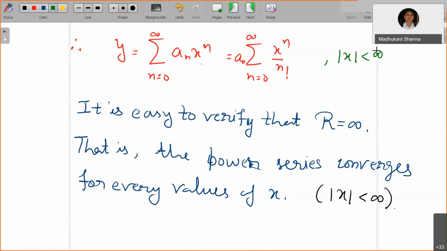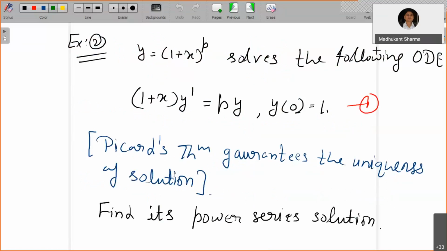Now let's look at a more general type of series, and let's see what will happen. Let's say this example: y equals (1 plus x) to the power p. I started with this function, and I can certainly verify that this solves the following equation.